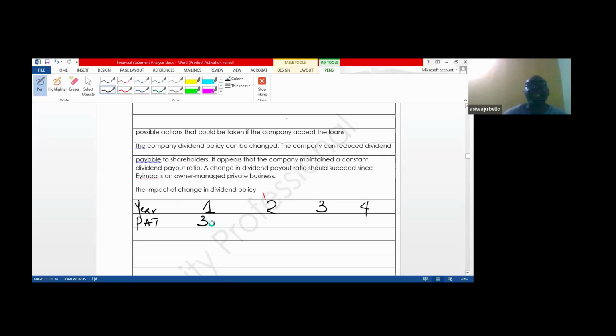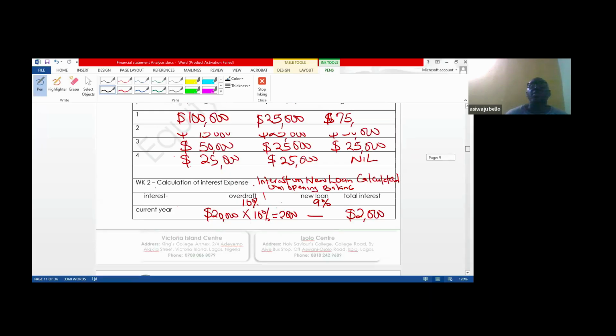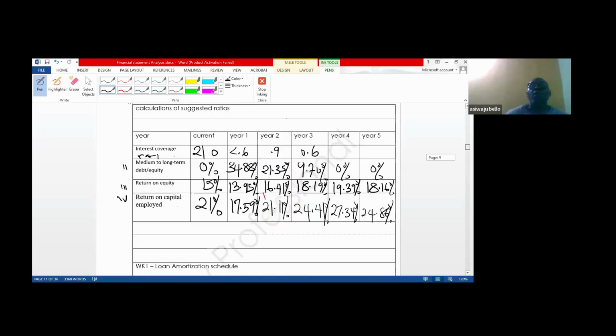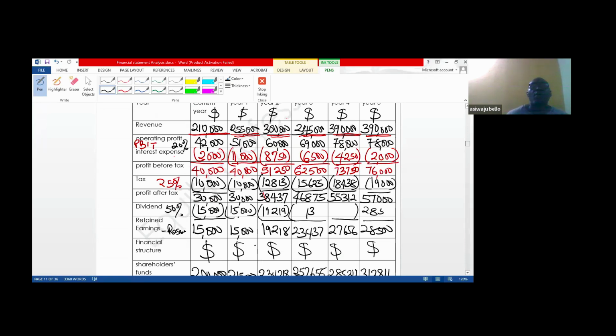Here we have $30,000. The profit after tax for year 1. Year 1, $5,000. Year 2, 38,437.